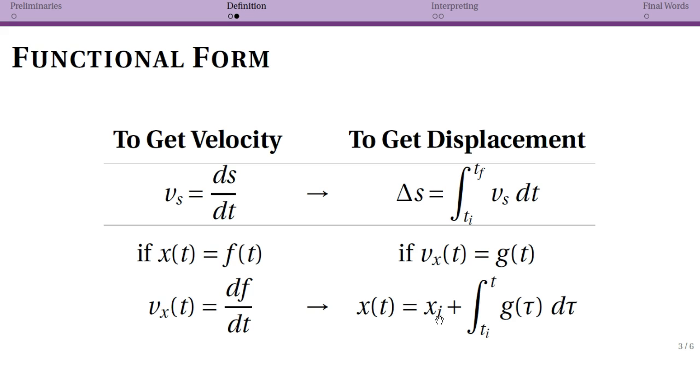But you need to be careful: if you have two people starting a race where they're not starting in the same position, only one of them can really be starting at 0. You need to define the other to have an initial position. So do be careful about this, and remember that anytime you're integrating, there was that constant of integration when you're doing the indefinite integral, and that's equal to just this initial position. That's what we have here.